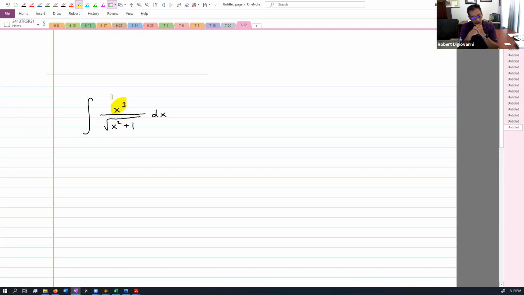3x squared. Now, do you see an x squared? Yes, but it's in the numerator and it's trapped under a square root. So I told you no go on that, right? Yeah. So this looks like we might be stuck, doesn't it, everyone? We can't let u be x cubed because the derivative is in the bottom.